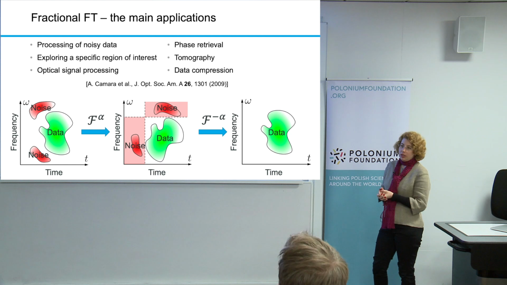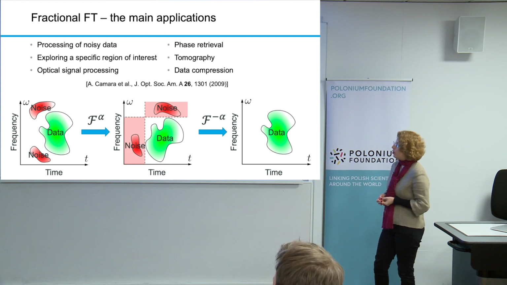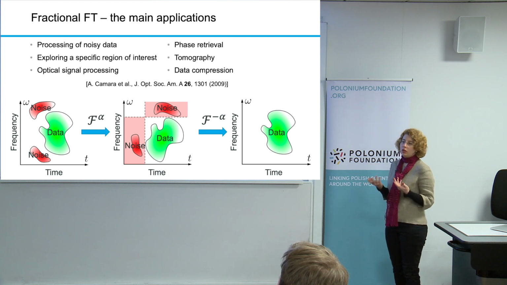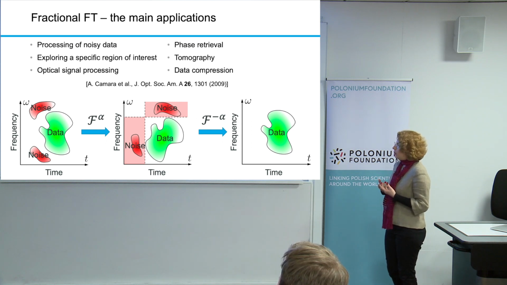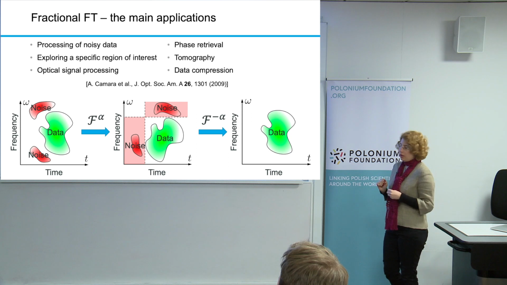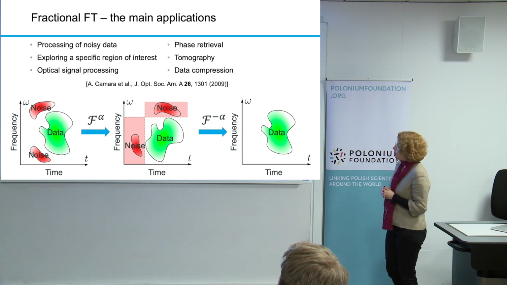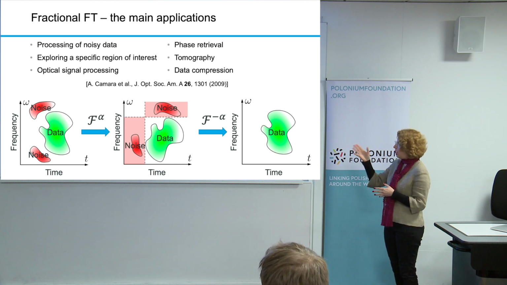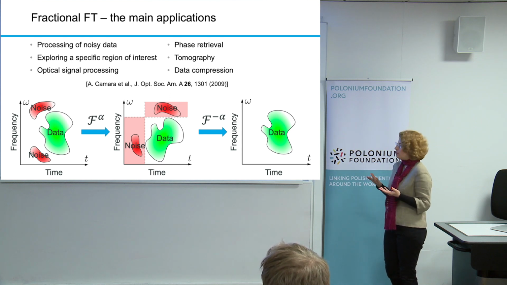Sometimes the data that we deal with are contaminated by noise, and we would love to implement some kind of filtering, but this is not easy. Instead, we can rotate the data, like in this figure in the middle, by employing the fractional Fourier transform, and then filtering actually becomes easy.